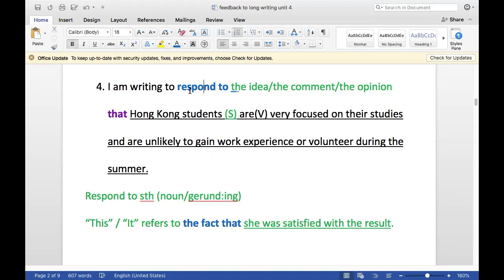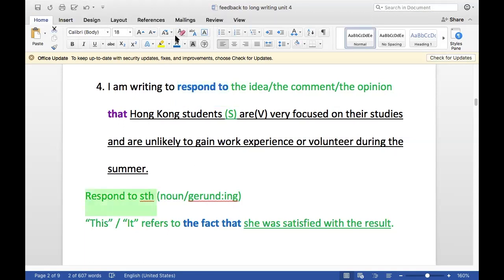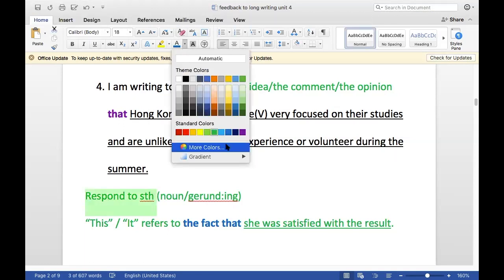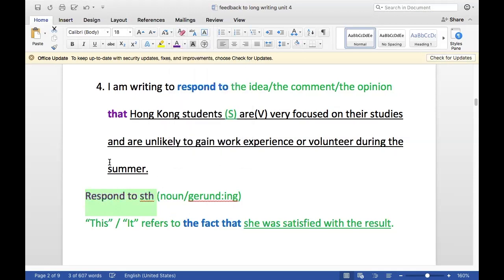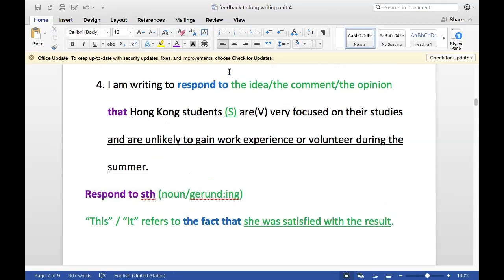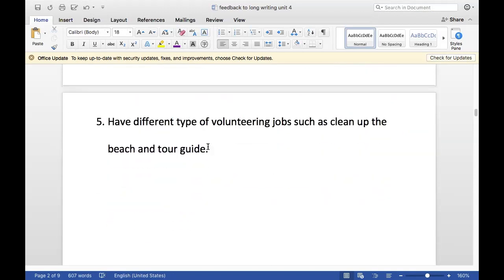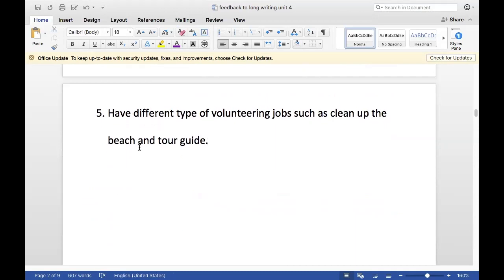That means when you learn respond as a new verb, you need to learn respond to something together as a whole phrase, okay? All right, I hope you find something really helpful up to here.